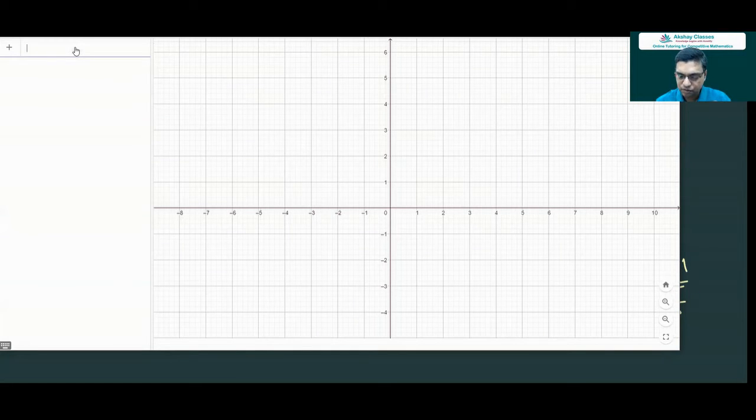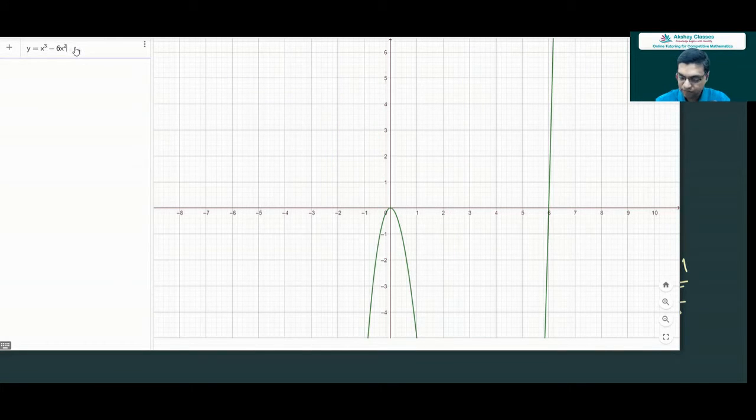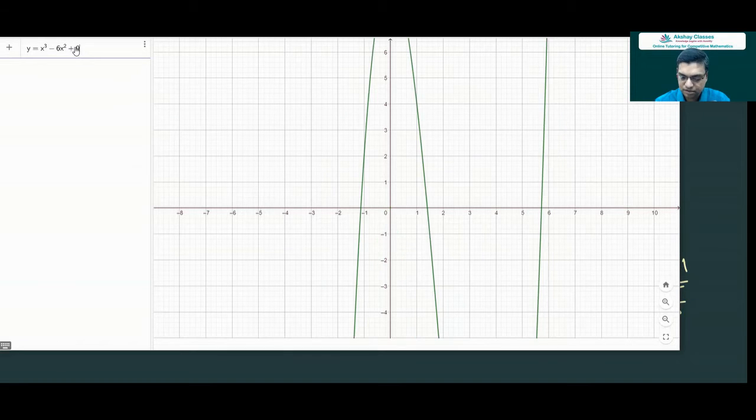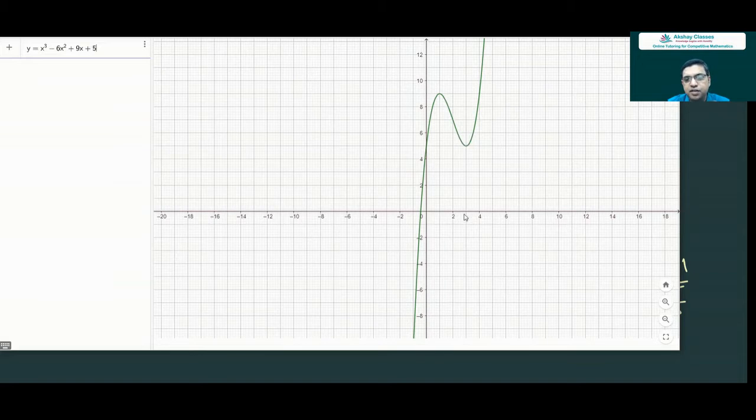Here, this is y equal to x cubed minus 6x squared plus 9x plus 5. See the function, how it looks.